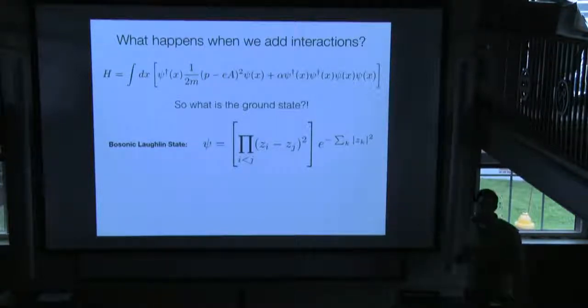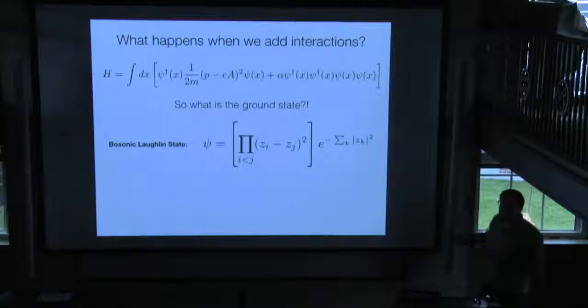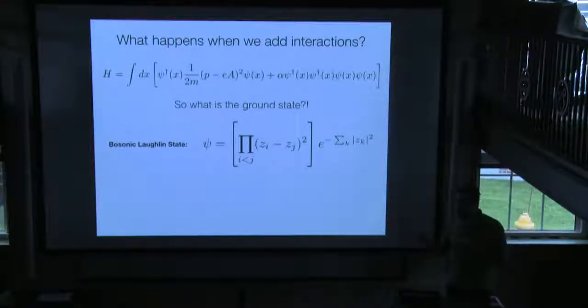And there's no contact interaction. How can we tell there's no contact interaction? Well, because if zi is ever equal to zj, the wave function has a second order zero. Yes? And so this is a really cool thing. This is a situation where we can write down an exact solution to a pretty strongly correlated problem.